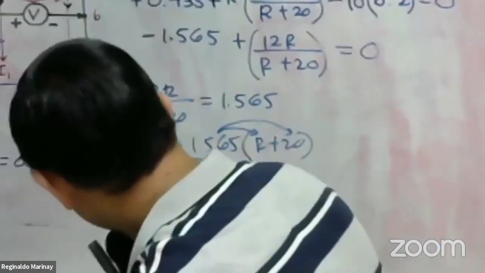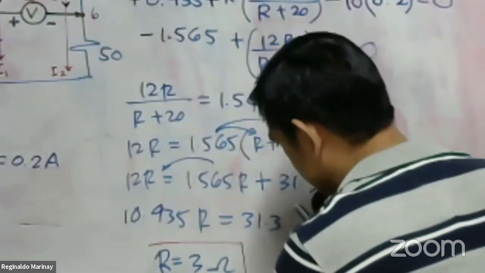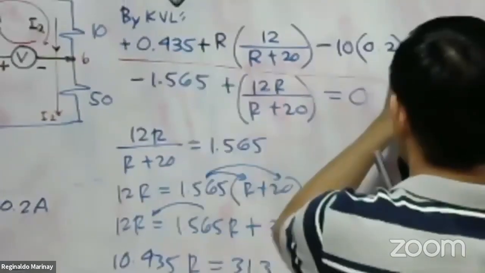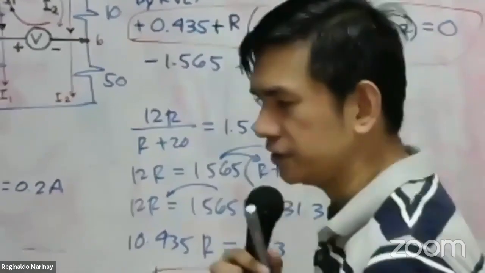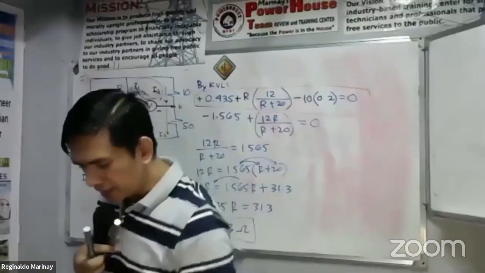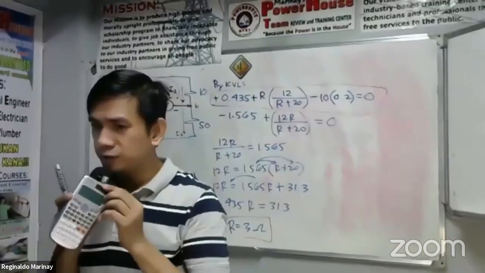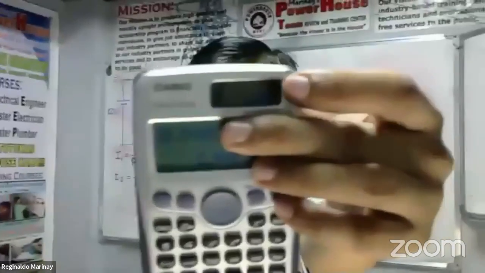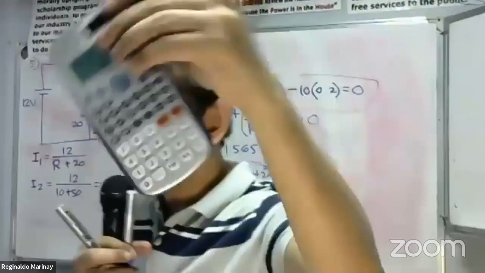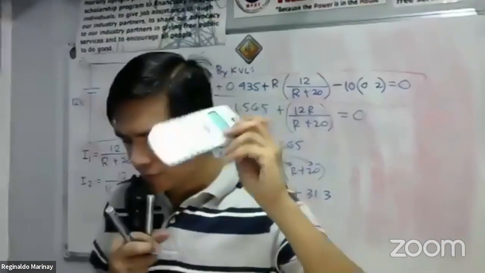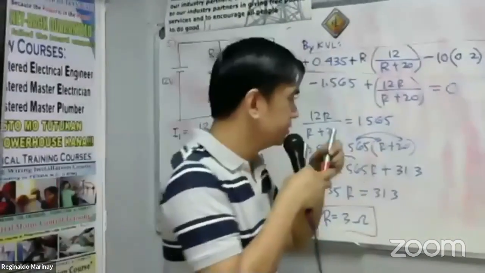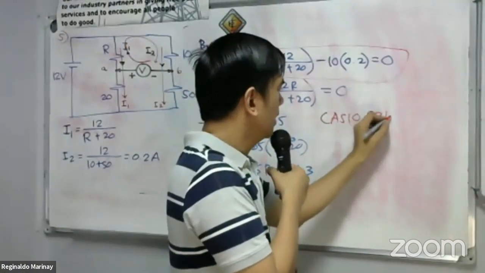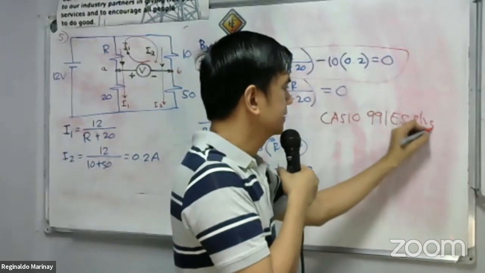Okay, I just showed you a long method here. Of course, in our calculator, we can stop here. You just have to shift solve. By the way, to our new viewers, we are using the Casio 991 ES Plus calculator.